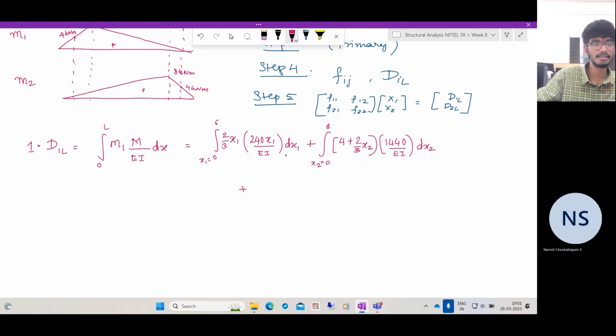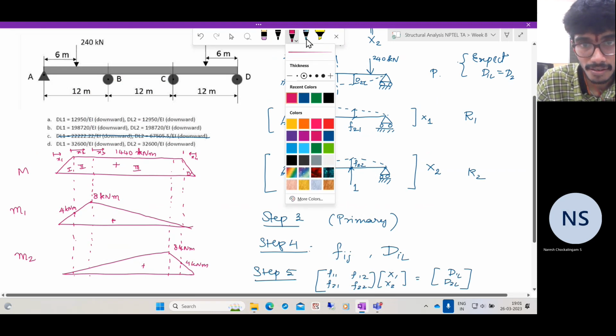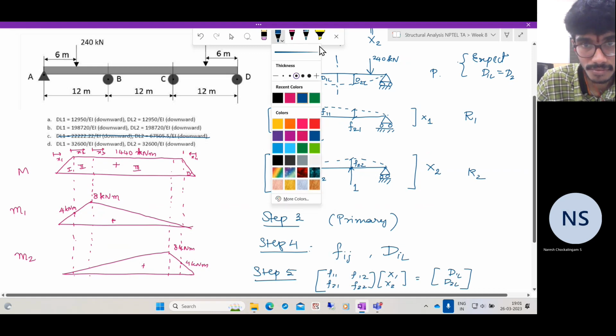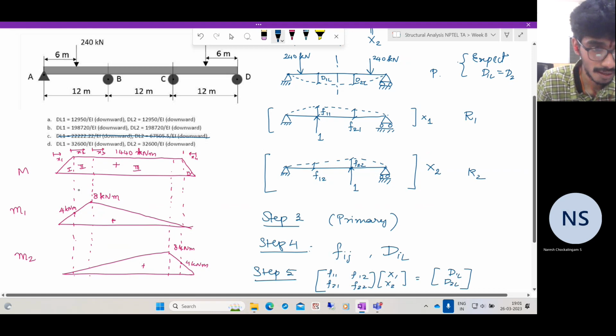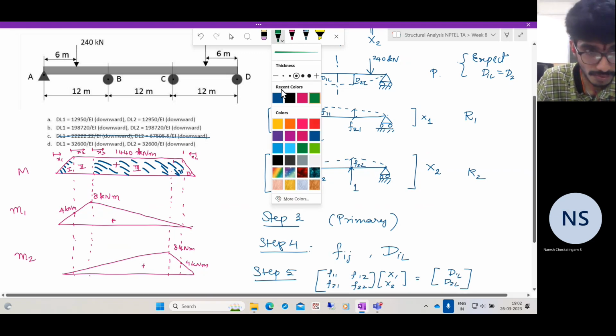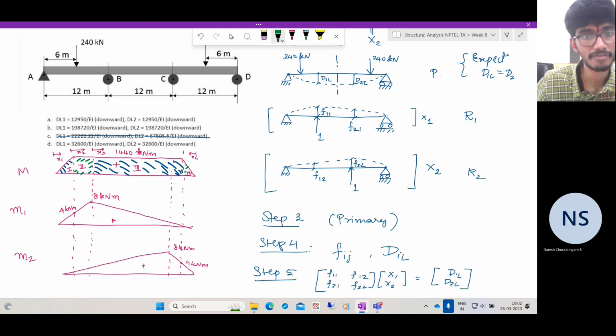And what is in region 3? Let me color it in a different color. So this is region 1, up to this is region 3, and this is region 2 and this is region 4.